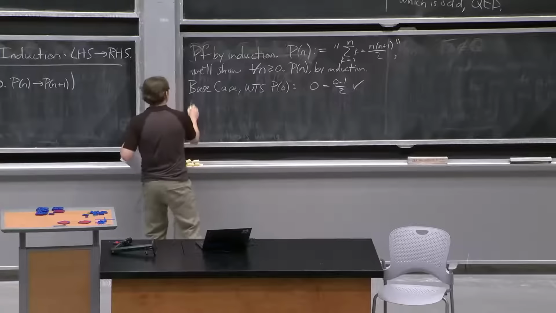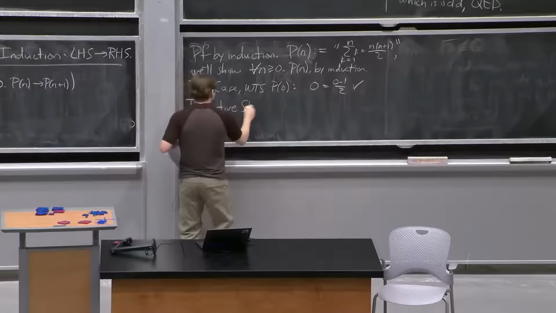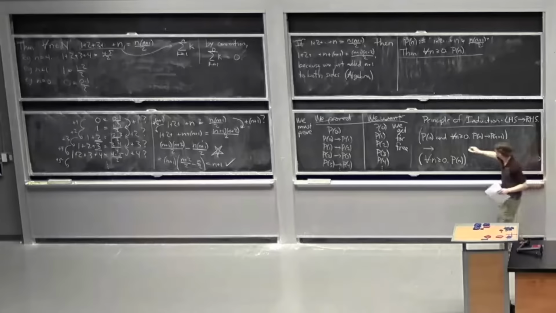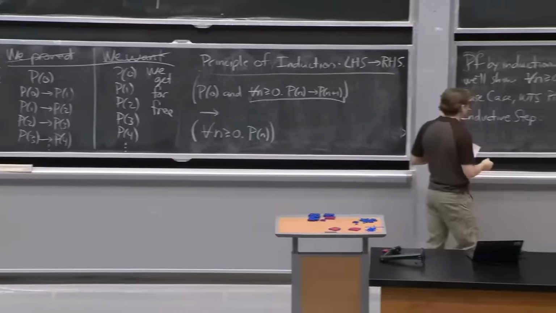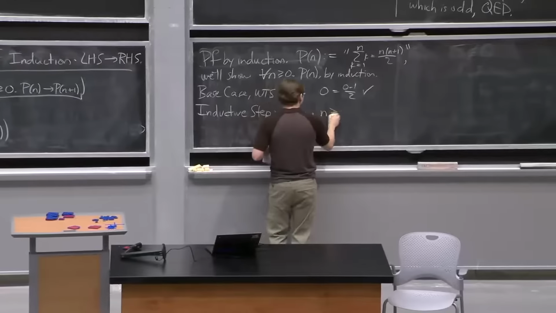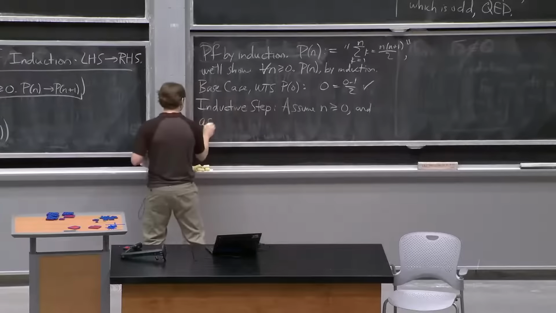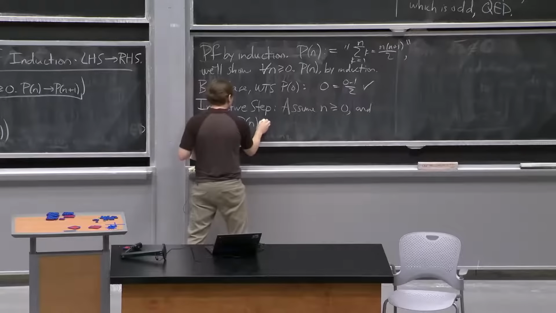It's the inductive step that we need to watch out for. We now need to prove this whole thing, and we usually write it like this. Assume n is greater or equal 0, and assume Pn is true.